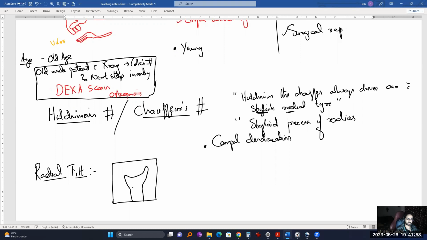It won't be perfectly upright. There will be a small tilt from the center, and this angle is 11 degree. You have to remember. So the radial tilt is 11 degree. It should be a perfect lateral X-ray. So on a lateral X-ray, radial tilt is 11 degree. Remember that for the MCQs. Okay, so that is it.